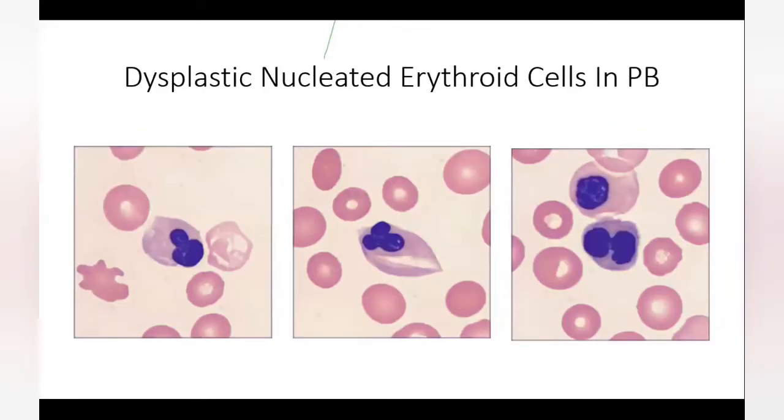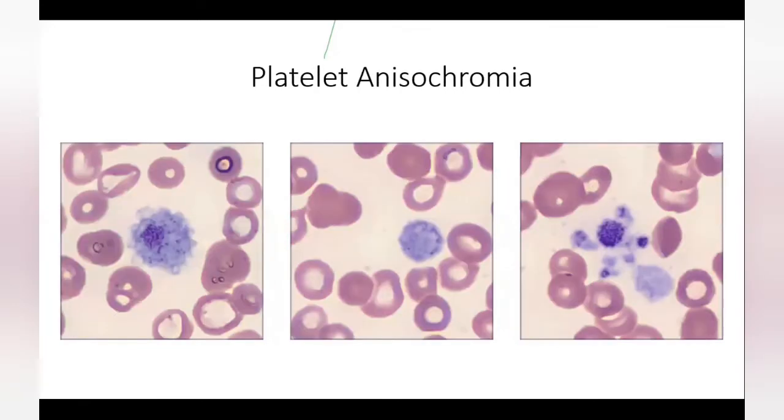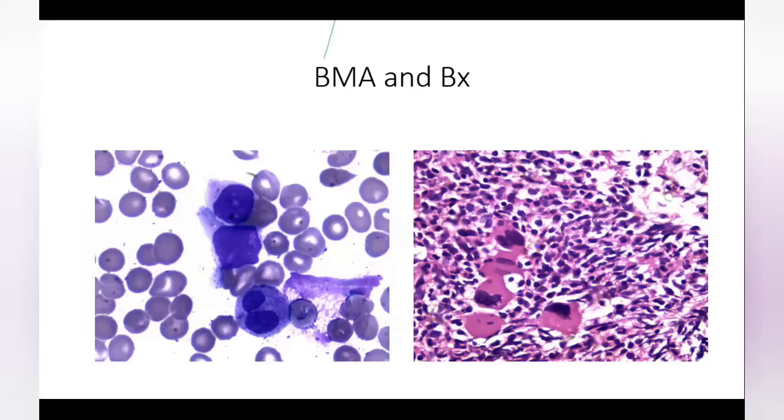And there were dysplastic erythroid cells in the peripheral blood. They were not only NRBCs, they were also dysplastic appearing. And there was platelet anisochromia. You have these really large platelets, some of which were deeper staining. Some of them looked very pale, and they were all comparable to the size of RBCs. And some of them were very small as well. So there was a platelet anisochromia.